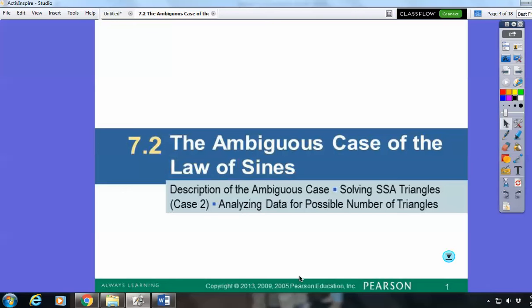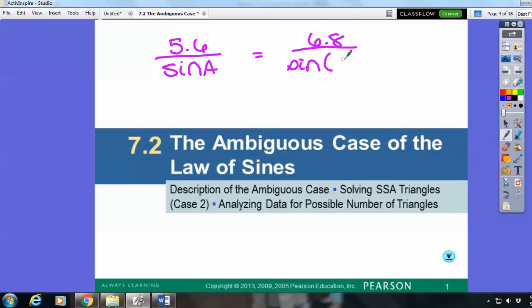Now, the issue comes in that when I give you only one angle, you will be solving something like side A, let's say 5.6 over sine of A equals 6.8 over sine of 73 degrees.